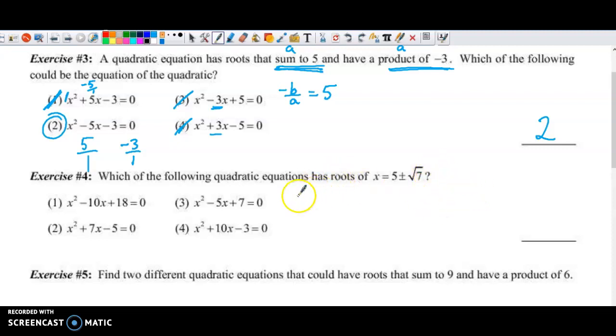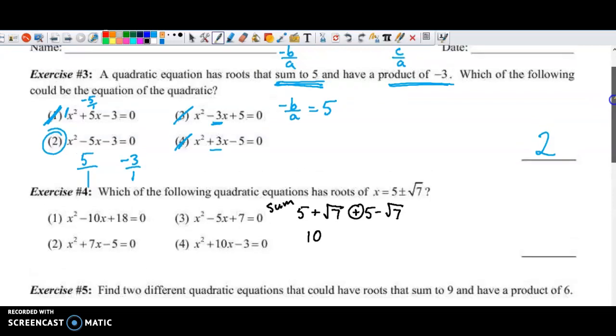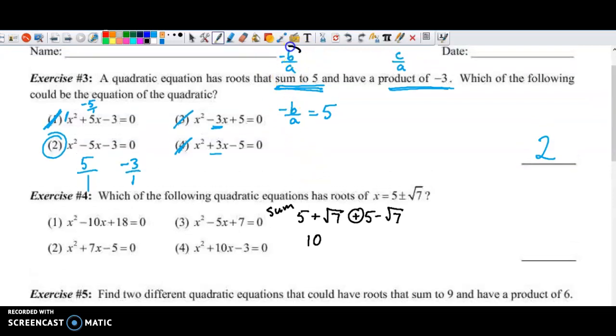So the thought process would be that the sum of the roots would be adding them together. So 5 plus root 7 plus 5 minus root 7. Let me write down that that's the sum, because I added right there. Well, if you reduce that, you get 10. And I can remind you that the sum formula is negative b over a.